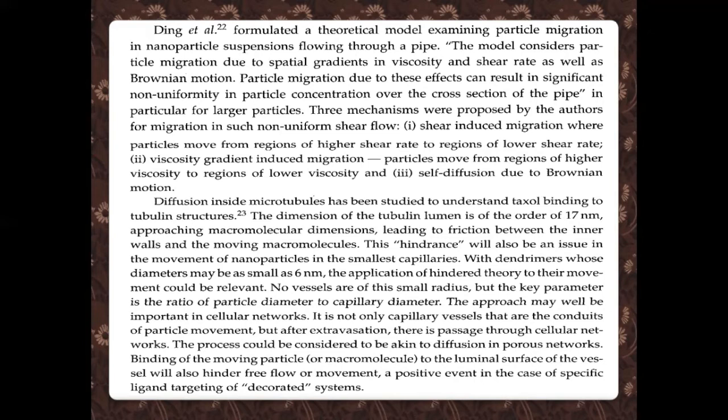The approach may well be important in cellular networks. It is not only capillary vessels that are the conduits of particle movement, but after extravasation, there is passage through cellular networks. So this process could be considered to be akin to diffusion in porous networks.